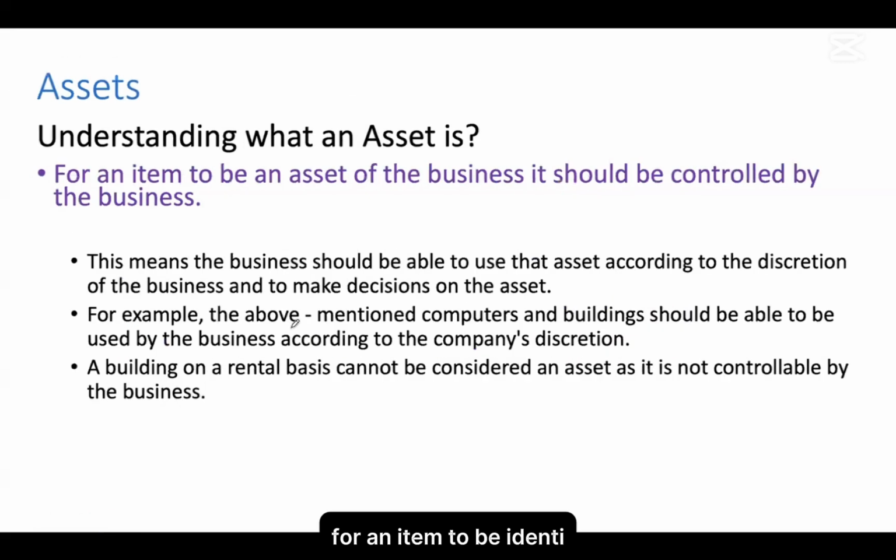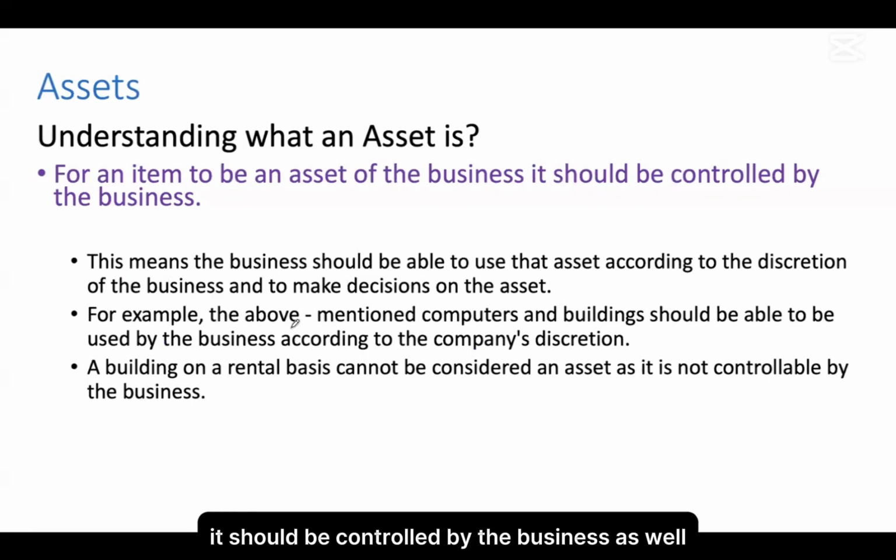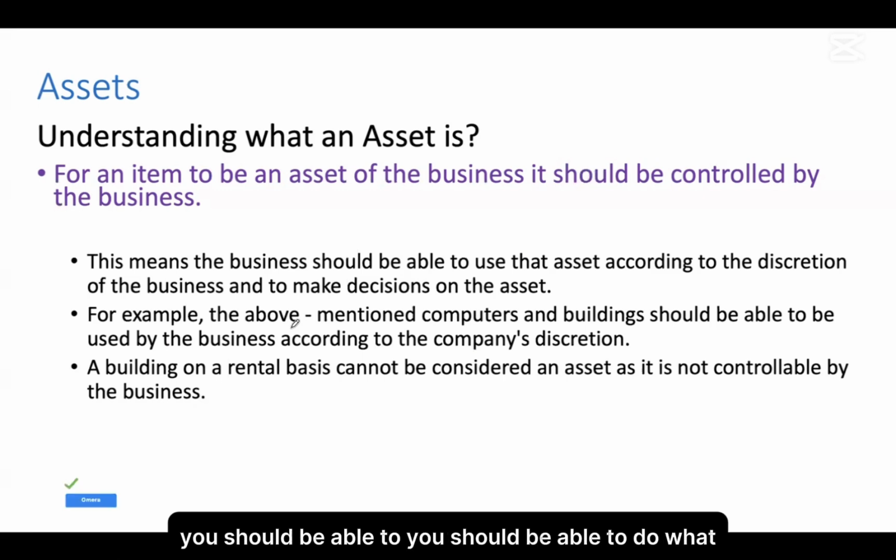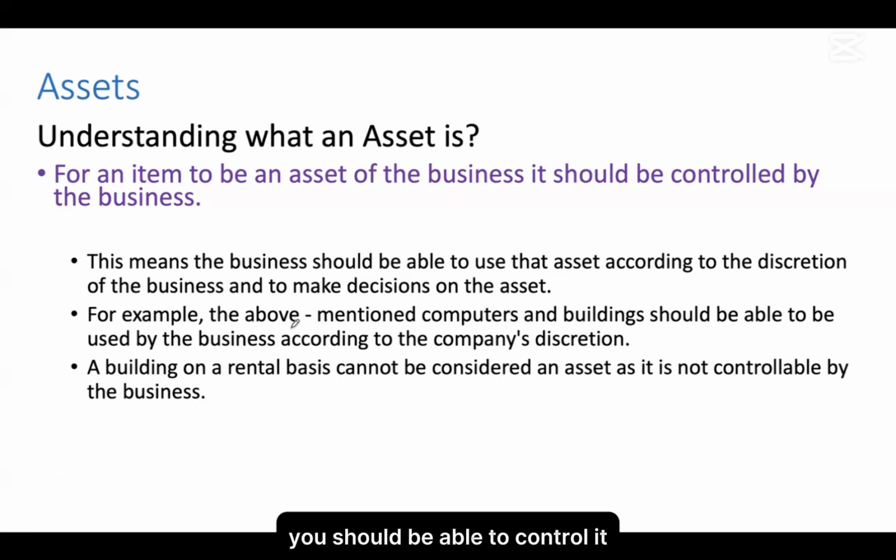For an item to be identified as an asset, it should be controlled by the business as well. Assets have another characteristic: they should be able to be controlled by the business. Take that stock I was talking about: you should be able to control it.